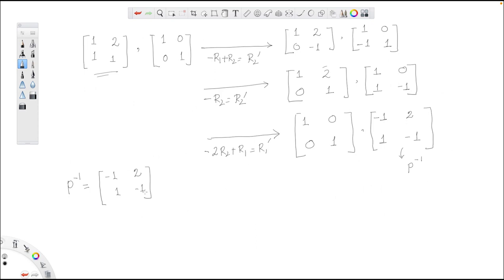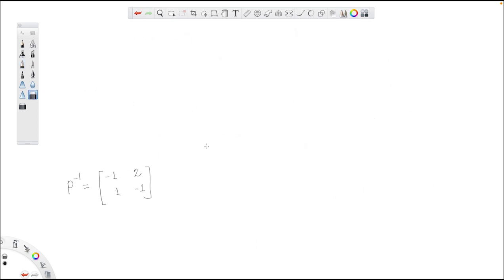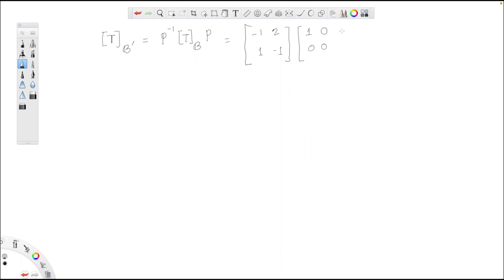Now, according to Theorem 4 that we proved in the previous segment, the matrix representation of this linear operator relative to this new basis B prime is equal to P inverse times the matrix representation of the same linear operator relative to the canonical basis B times the invertible matrix P. And we know that this is our P inverse that we found a while ago, and that gets multiplied with the matrix representation that we found in one of the previous segments, 1 0 0 0 in example 1.